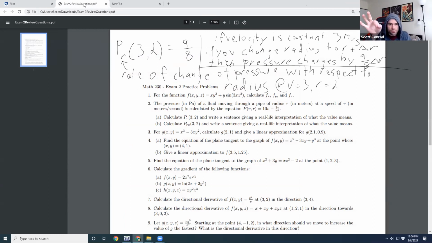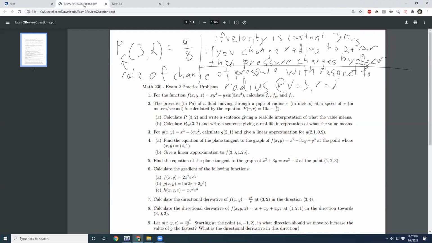If you change r by a little bit, by delta r, sorry, not r plus delta r, we were at 2. So instead of being 2, it goes to 2 plus some little change, delta r. The pressure is going to change by approximately 9/8 times that delta r. So that's sort of how we would interpret the partial derivative.